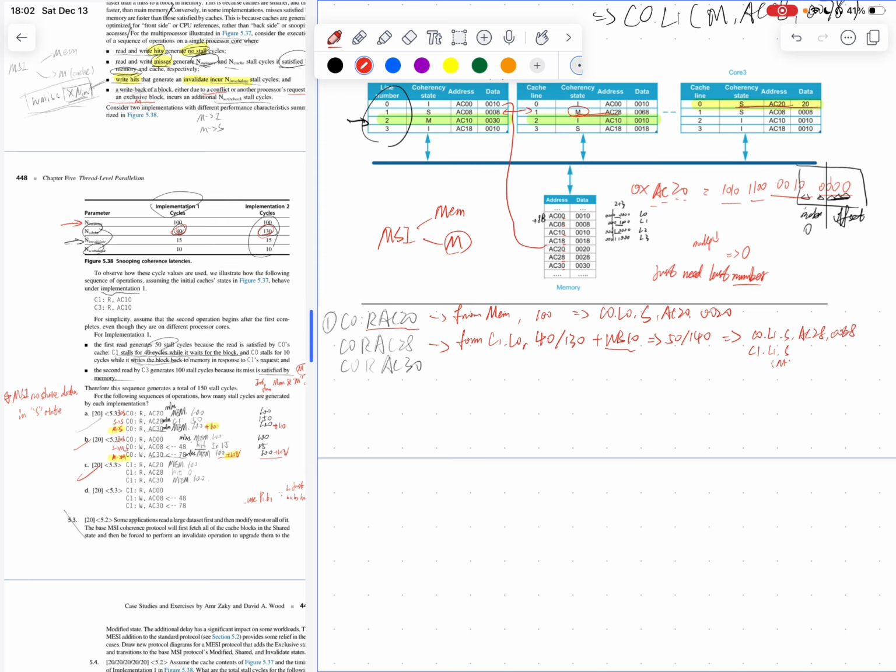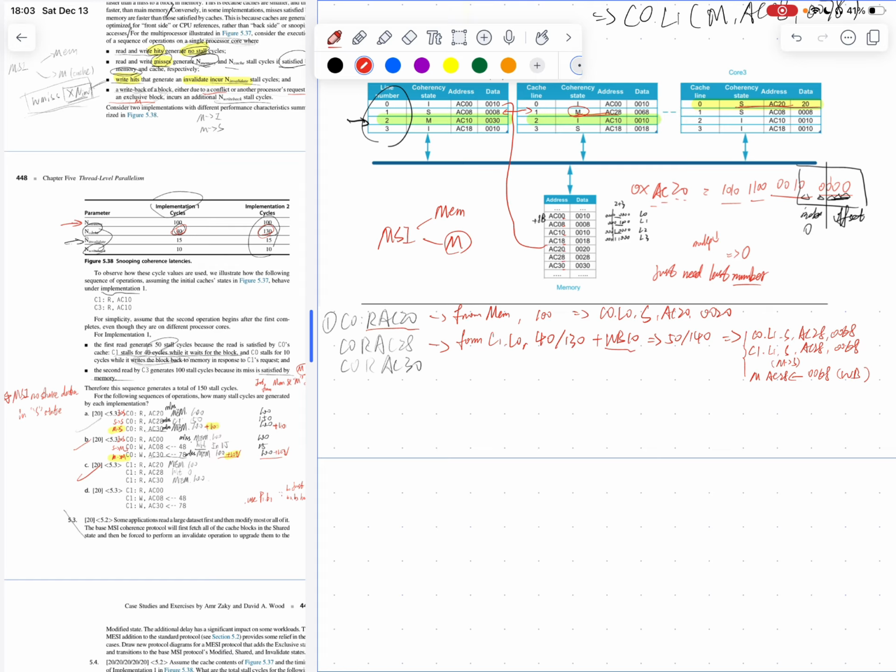Originally, it's an M, right? M changed to shared. It also has the same address and same data. And since it's a write back, if we are doing the same thing as question 5.1, memory AC28 will get the new data 0068. This is the write back.